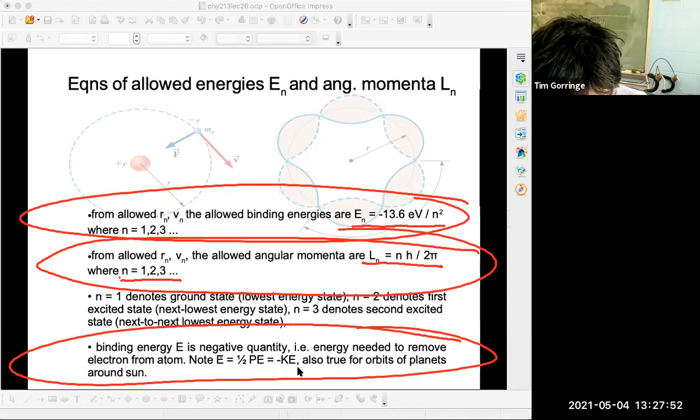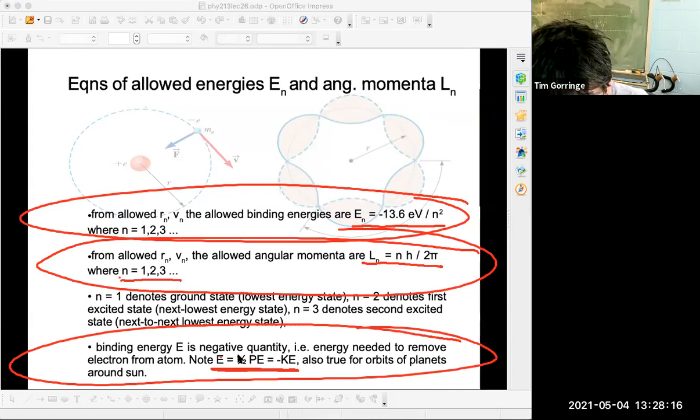But the kinetic energies and potential energies, and the total energy, are related in an interesting way.